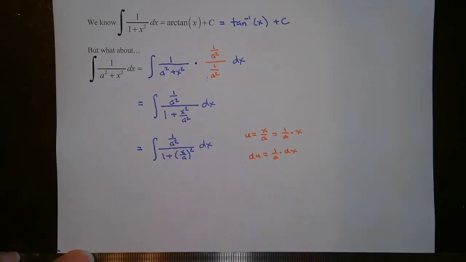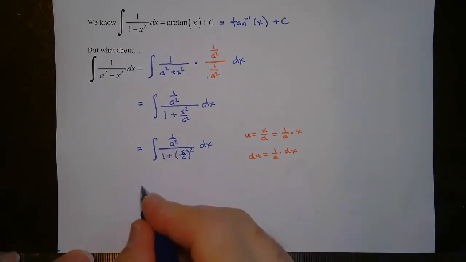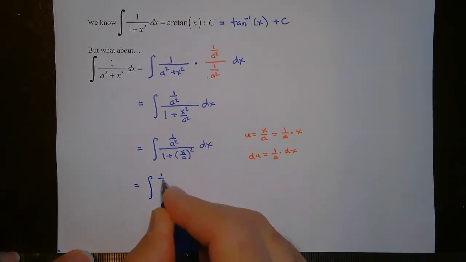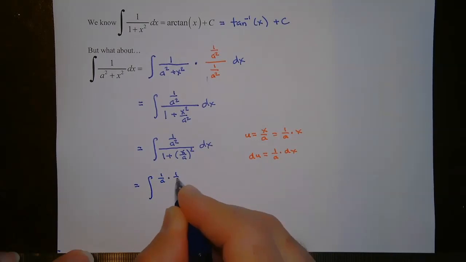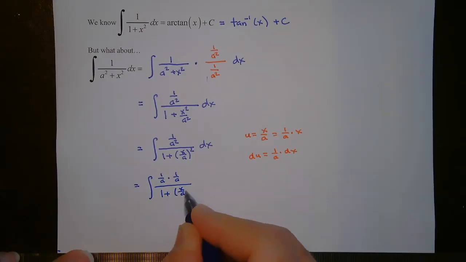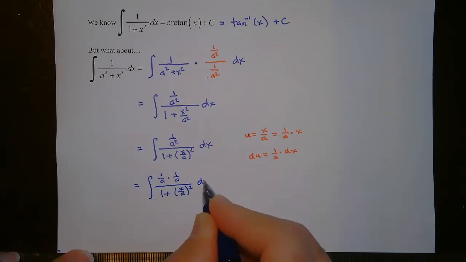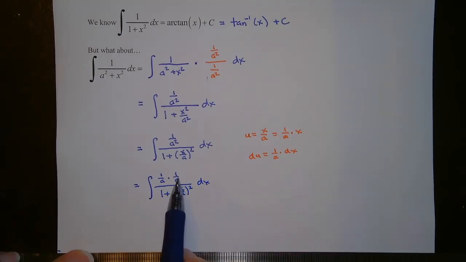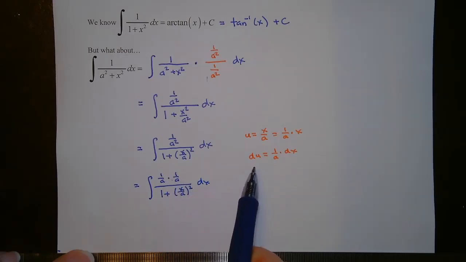So now this becomes the integral of 1 over a times 1 over a over 1 plus x over a squared dx. And this 1 over a, along with the dx, is going to make up this du here, okay?